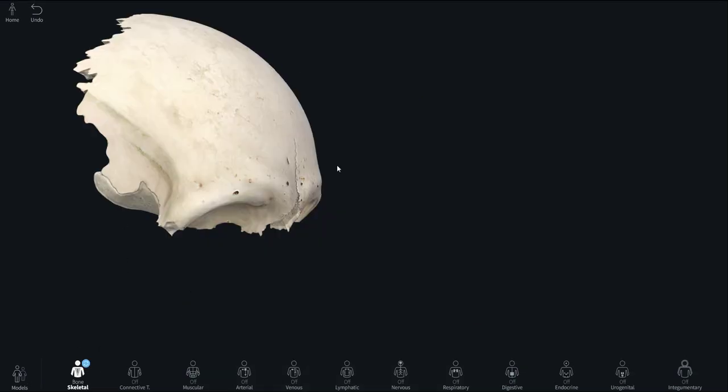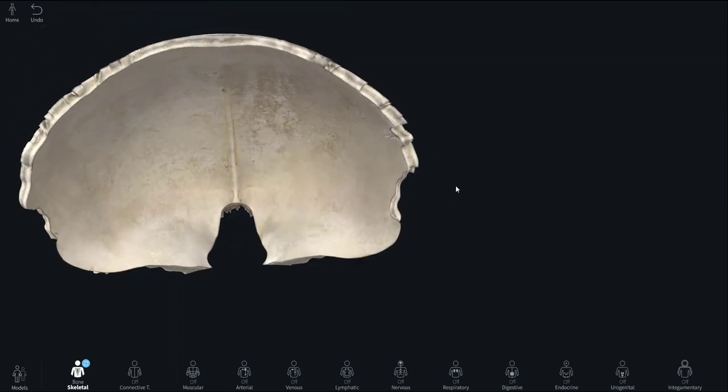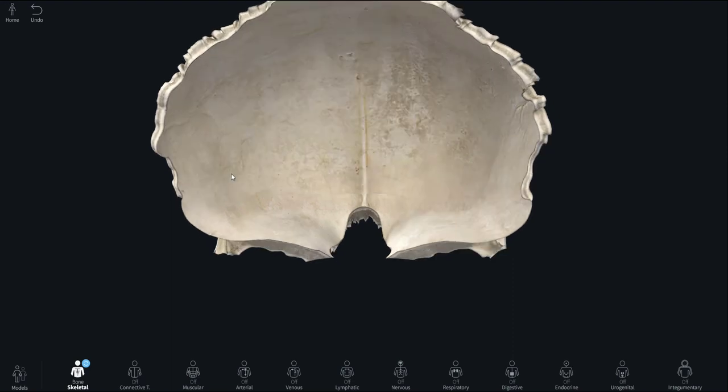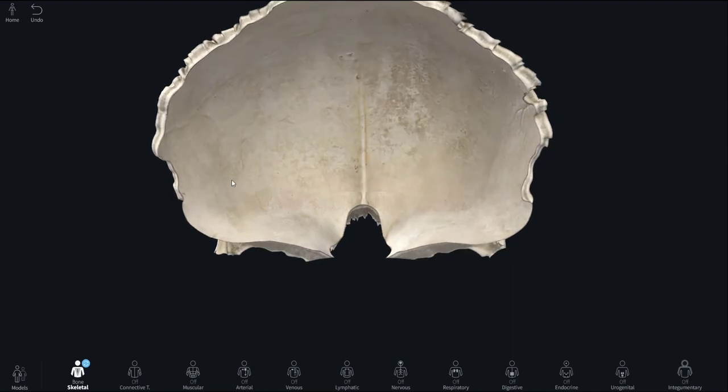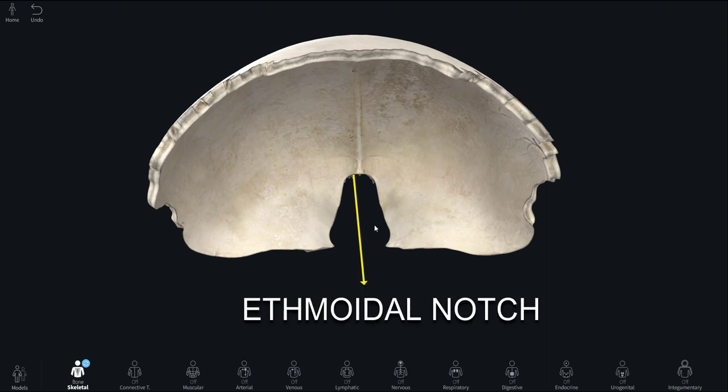All right. There is another part of the frontal bone. It is not indeed a part of the frontal bone like the squamous part or the orbital part, but we can appreciate when we see the frontal bone in the internal aspect from the superior view that it has this U-shaped notch, which is called the ethmoidal notch.